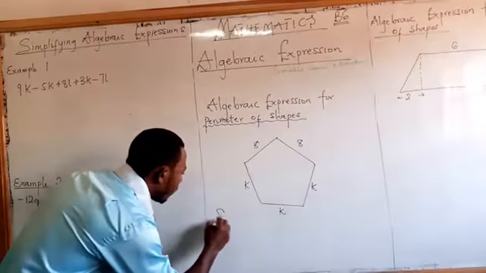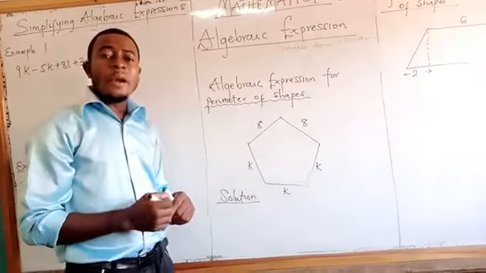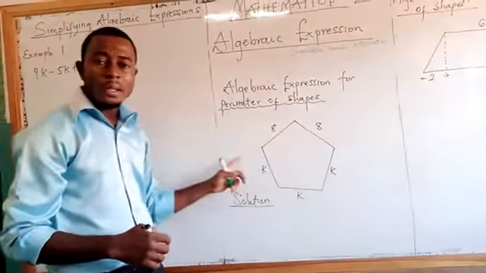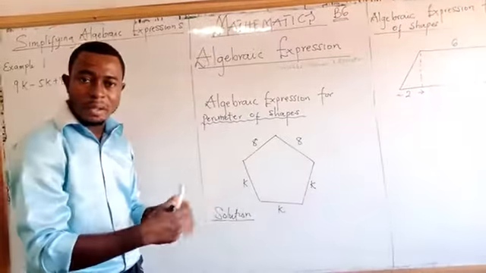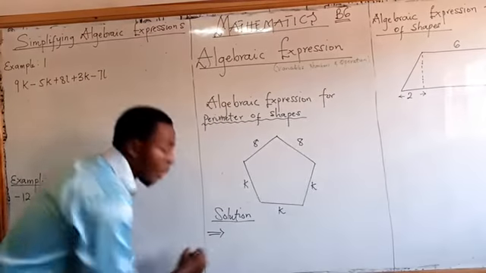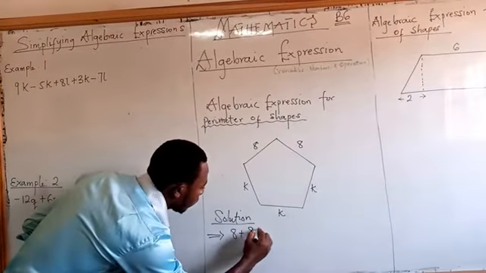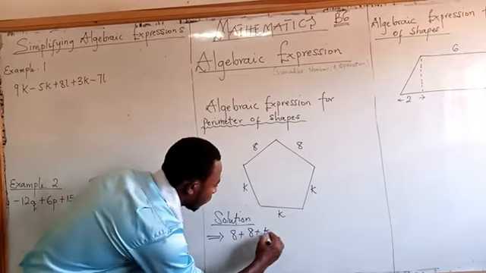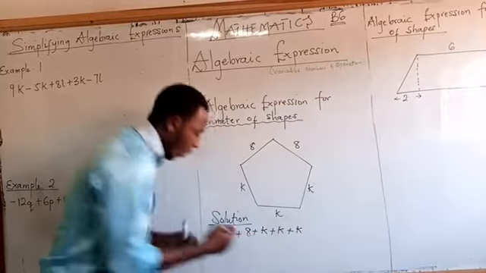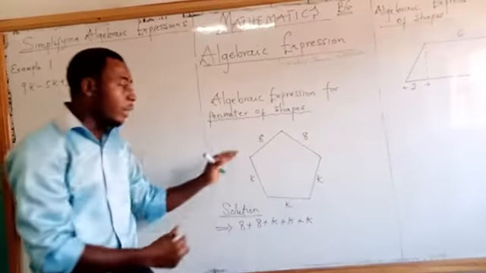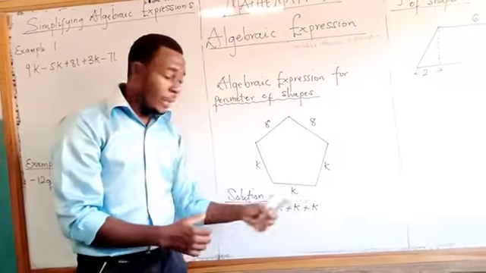Since perimeter deals with the distance around a 2-dimensional shape, we are going to add the distances uniformly. So we sampled and picked out all the respective figures, and then we are going to add them as we are doing it here.